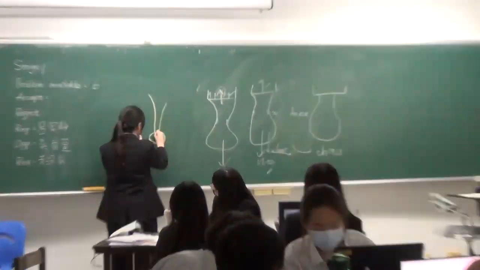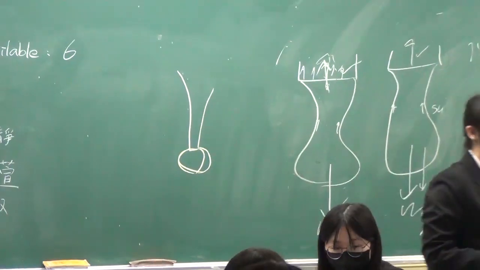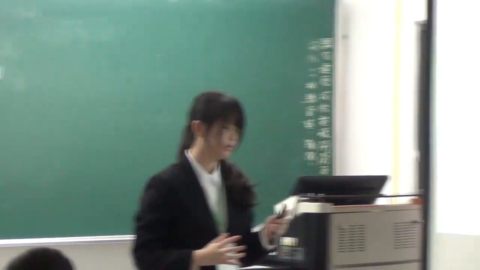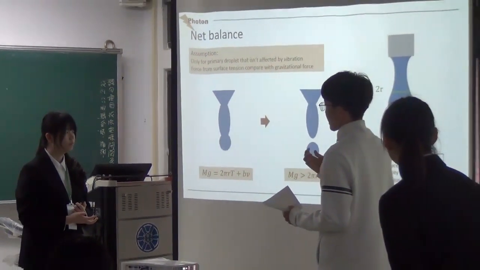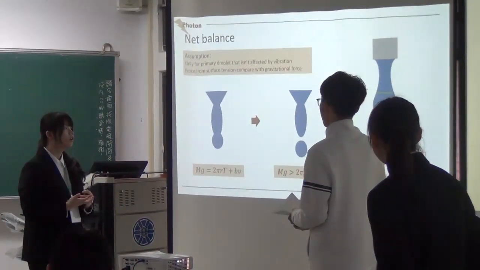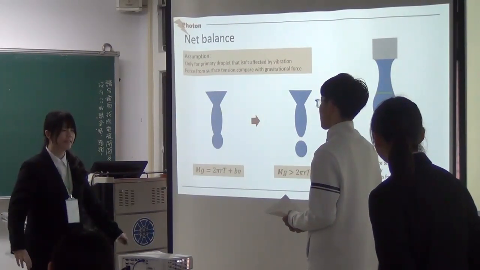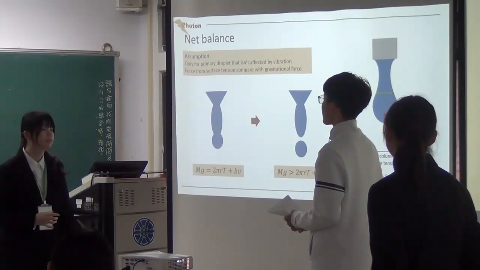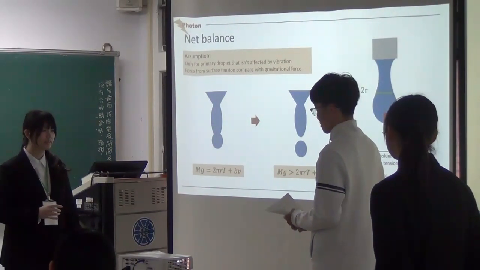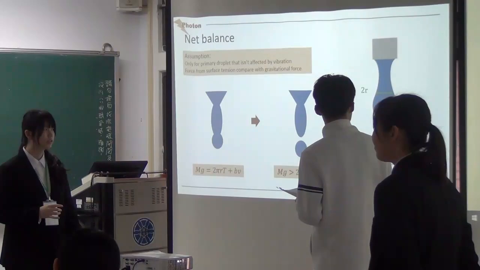You can see the R in the real video. So do you infer that 2R equals the diameter of the dripping faucet? No, but it has a relationship with the diameter. Yes. Okay. Let's move on to page 6.